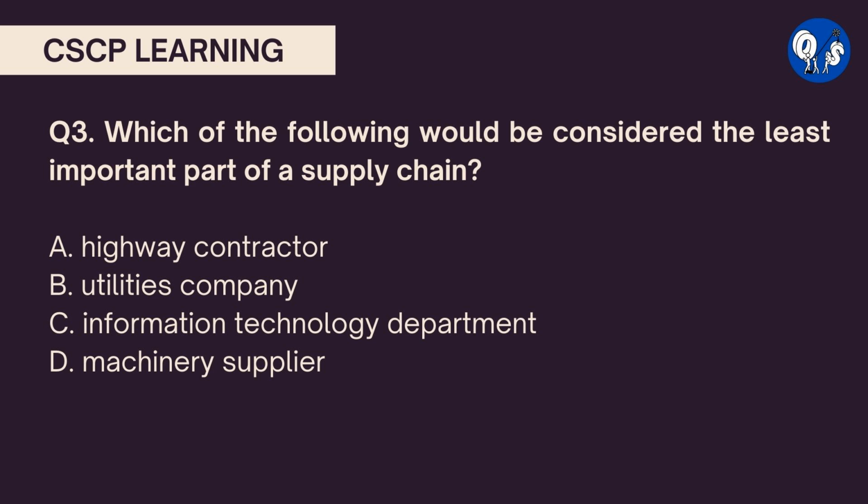The highway contractor would be the least likely to be included in the supply chain. Although the highways are necessary for the flow of trucking, they would be considered outside the supply chain flow. There are many functions outside the supply chain flow which contribute to the effective flow of the supply chain. Some of those might include government agencies, universities, and associations.